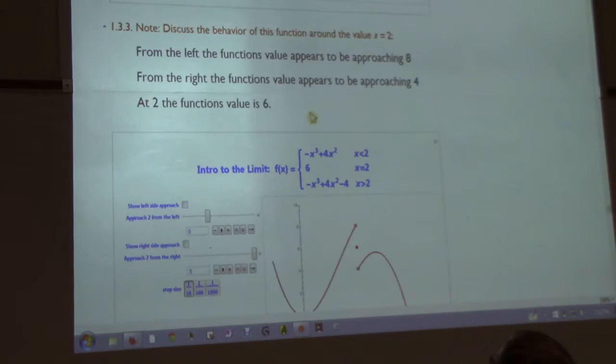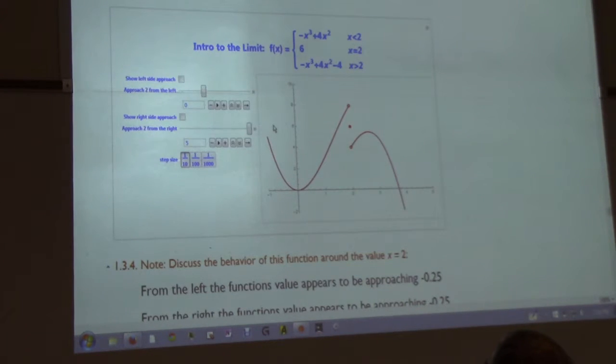Another picture. So what I've done is I've taken the graph that we just looked at, but I took that solid dot away and I placed it right in the middle. What happens as I approach the x value of 2 when I come in from the left? Where's it headed? It's still headed towards 8, right?